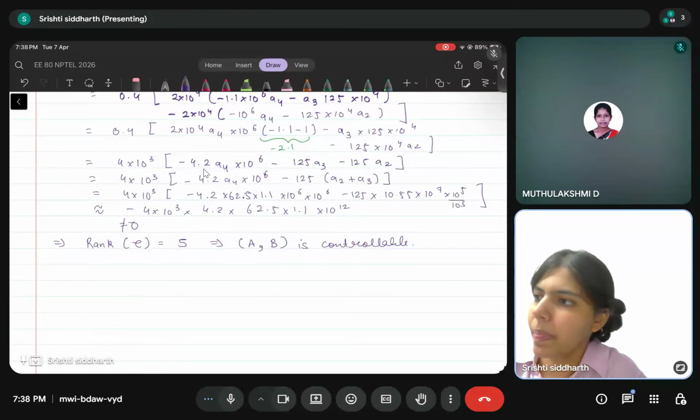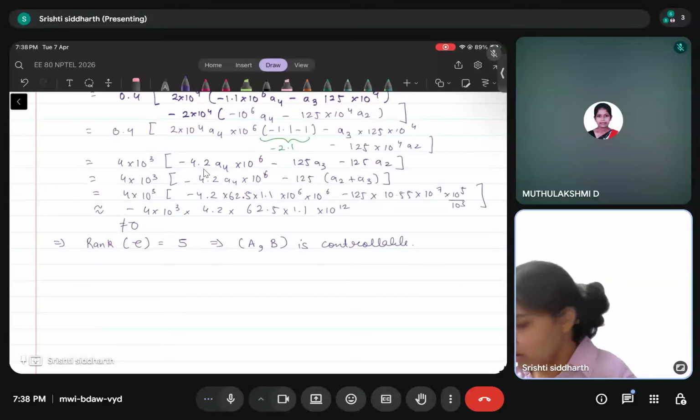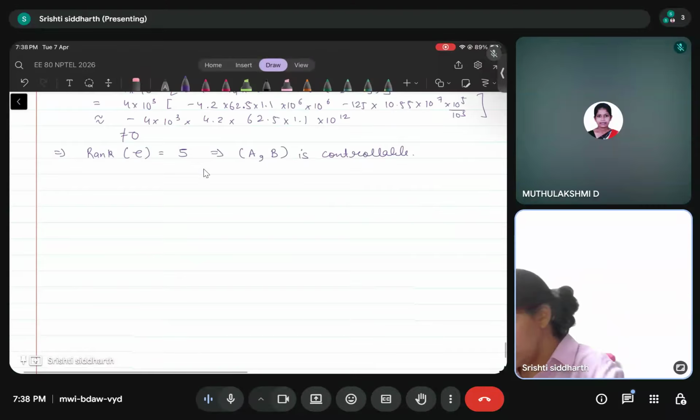Alright. So now we can also test for observability.